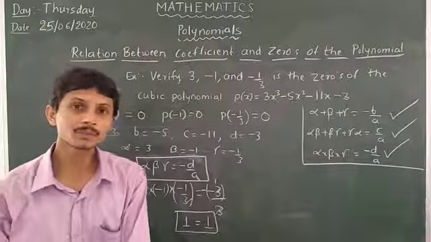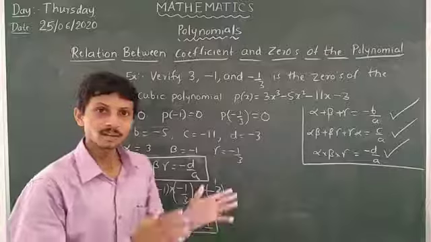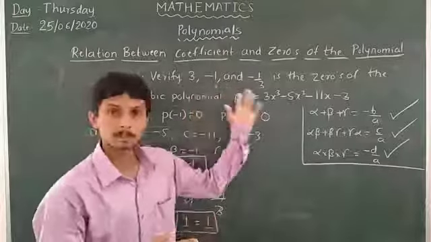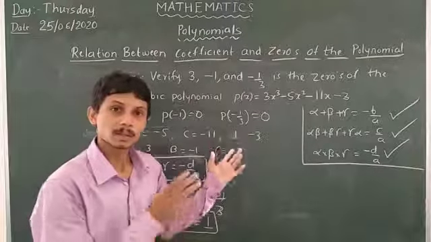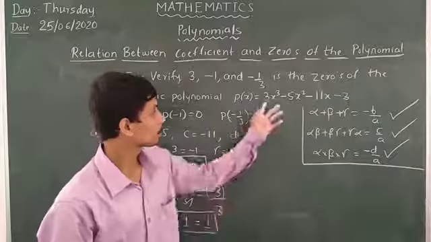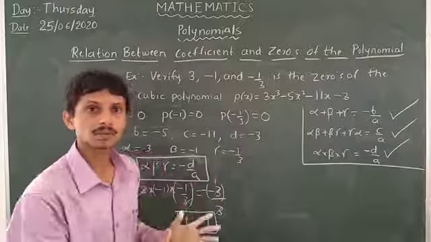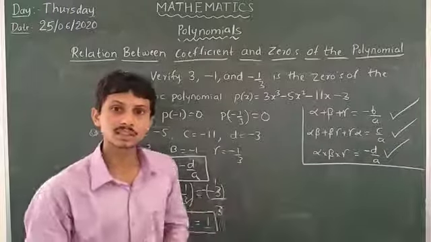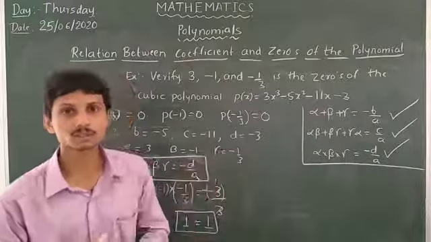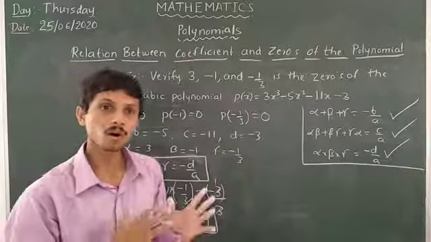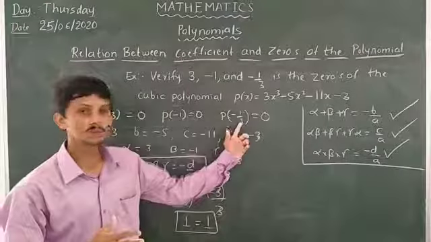So from this we verified whether these numbers are the zeros of the polynomial or not. We inserted all the values of the zeros into the polynomial and got that all the zeros are right.